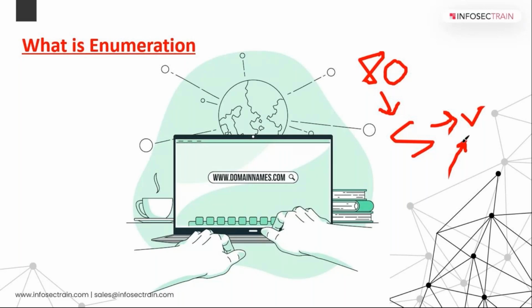Then I get to know that it is using some kind of service on port 80, and then I find out the version of it. So I am finding out multiple other things about that particular service. That's called enumeration, gathering more information about your target.